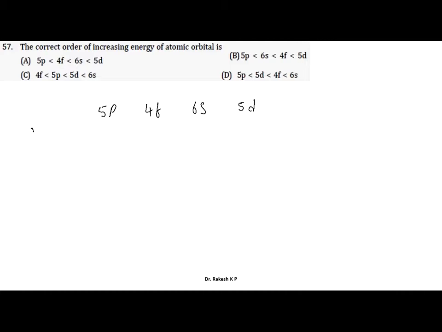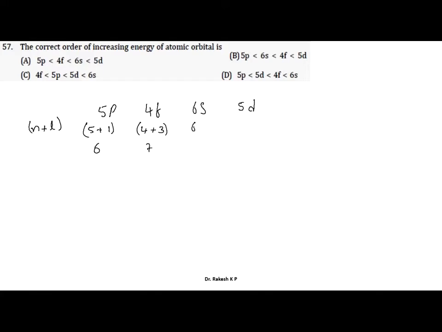Now we have to use the n plus l rule. Let me calculate. Here n is equal to 5, l is equal to 1, because a p orbital has l equal to 1, so we get 6. Similarly here n is equal to 4, but for an f orbital l will be 3, and we get 7.